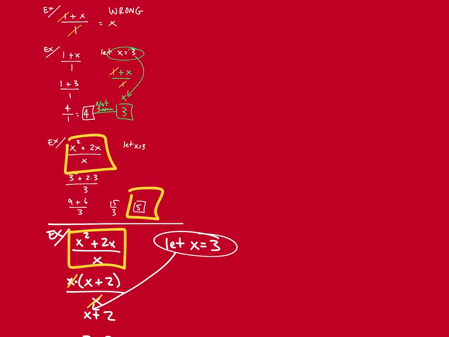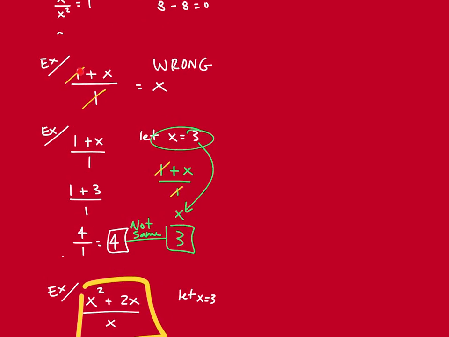And that was the difference up here when I divided this out. The reason why this is wrong is because I'm not multiplying by 1 up here. I'm doing 1 plus x. That is going to stay as 1 plus x. I can't factor anything out of this. I can't do anything to it.